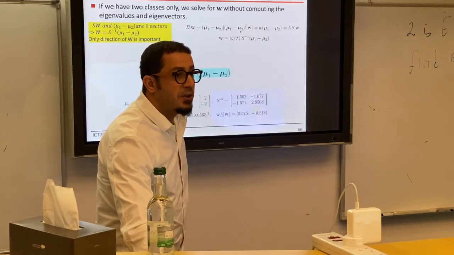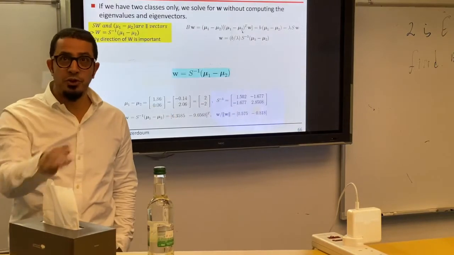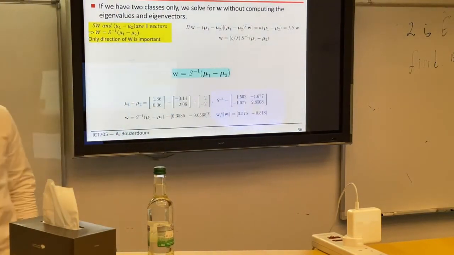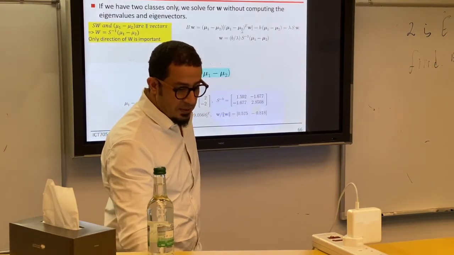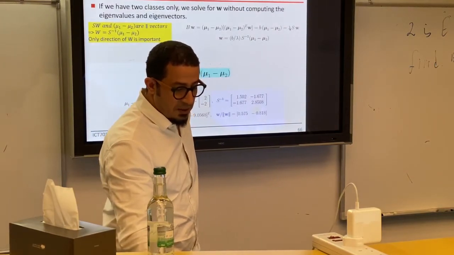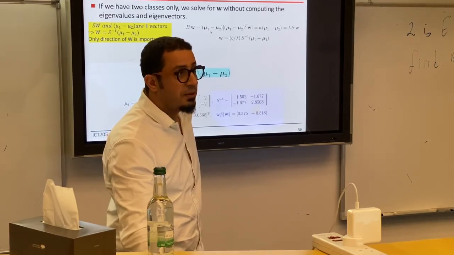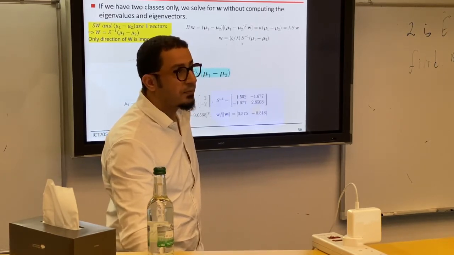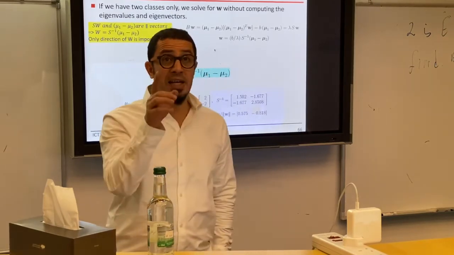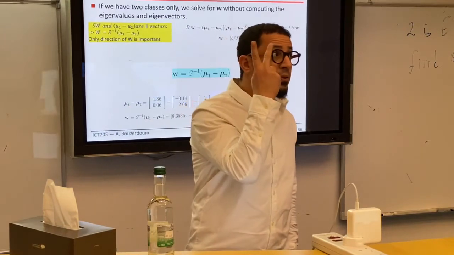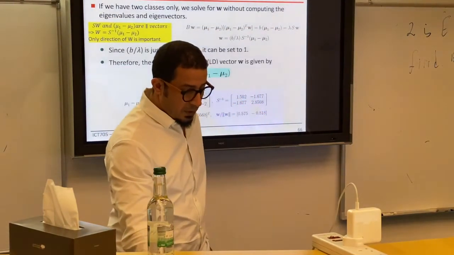No, it's a scalar, it's a value, because mu1 and mu2 like this, when you do the transpose, become a row, and a row times a column is a value. So this is a value, and this is a value. So at the end, SW is parallel to mu1 minus mu2. We have this one, and we are done. So this is just a shortcut for calculation, but only when we have two classes. It is not the general one. Okay?